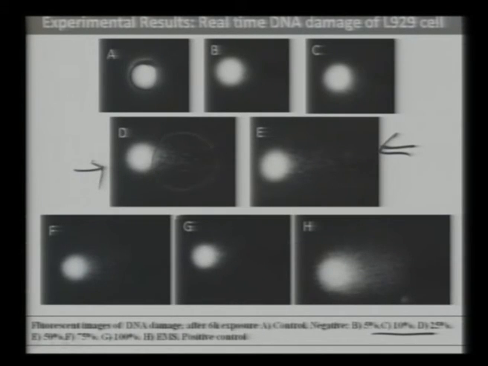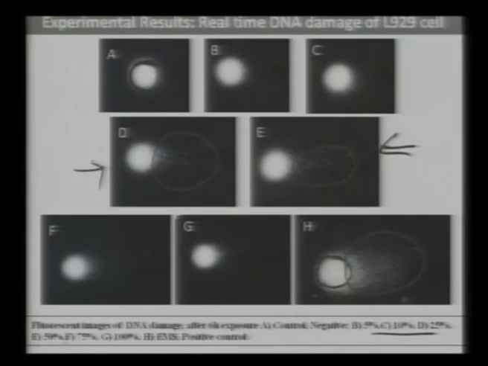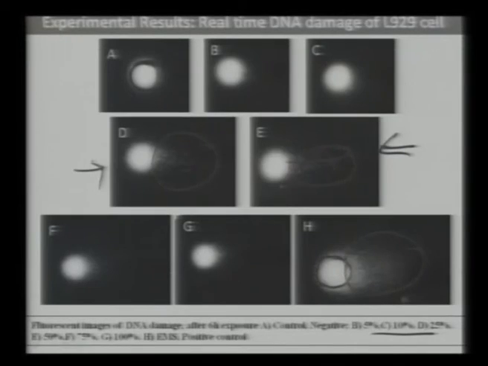is this fragmented DNA region, which shows these concentrations have the genotoxic effect, and this is the positive control. Positive control means it's a reference sample which will definitely have the genotoxic effect, and that is what has been illustrated here, that it has a long tail. Now if you take multiple images by fluorescent microscopy, you can measure the length of this tail, and this tail length was first proposed by a scientist called Olive, and accordingly this is known as olive tail movement.